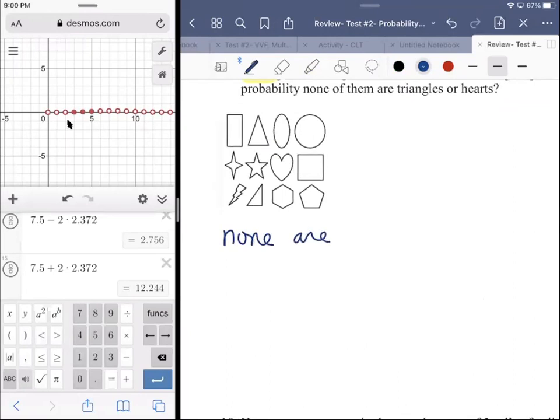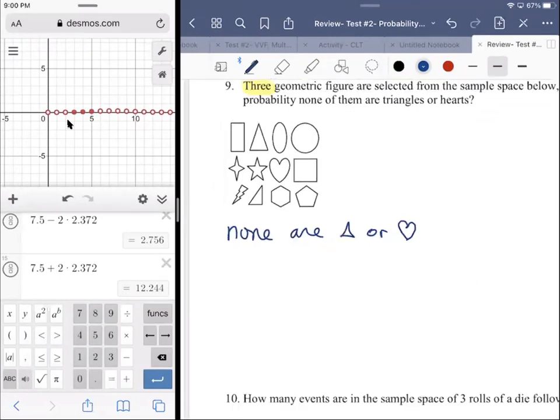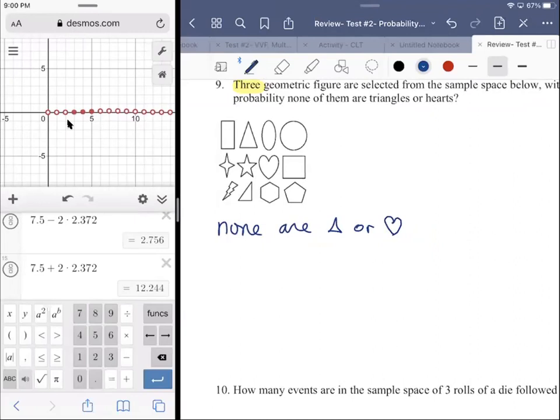None are triangles or hearts, which means that it is not the case that they're triangles and hearts. So what I want to do is ignore triangles or hearts.